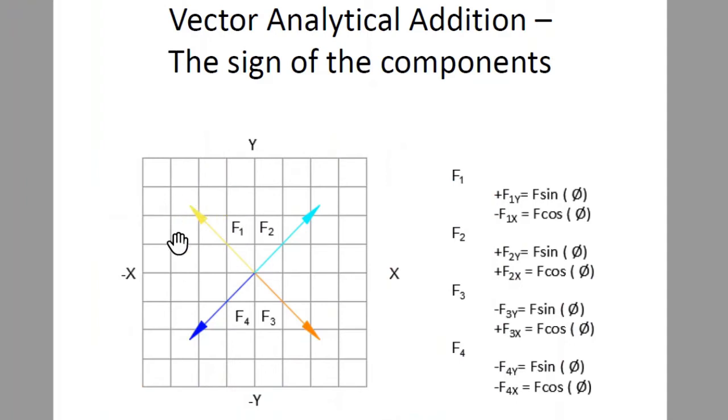So assuming we have force 1 in quadrant 2, again this is quadrant 1, quadrant 2, quadrant 3, and quadrant 4. So we're looking at F1 in this case. The y component, F1y, would be found by F sine of theta, and it would be a positive sign.